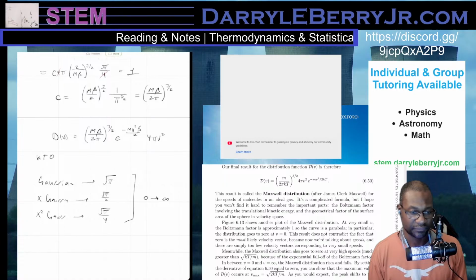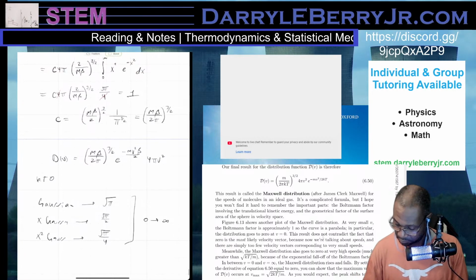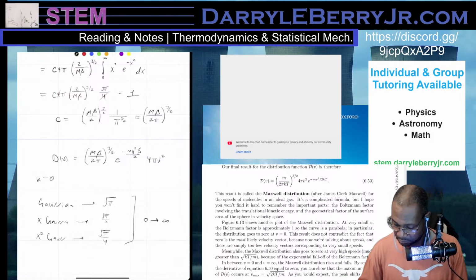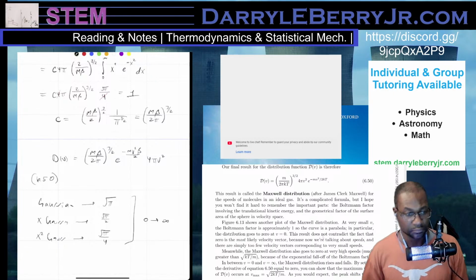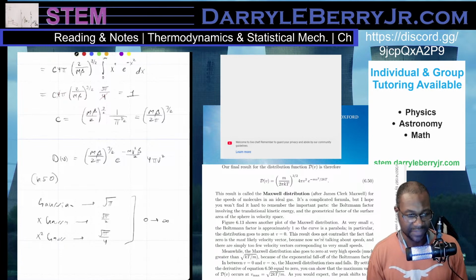In between v equals 0 and v equals infinity, the Maxwell distribution rises and falls. By setting the derivative of equation 6.50 to 0, you can show that the maximum value of D(v) occurs at vmax.